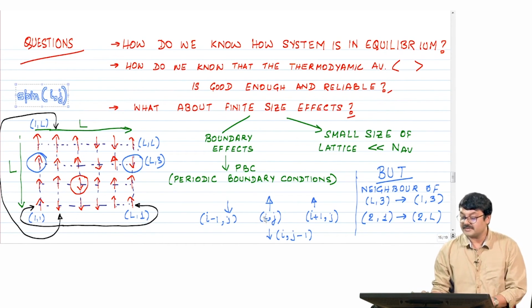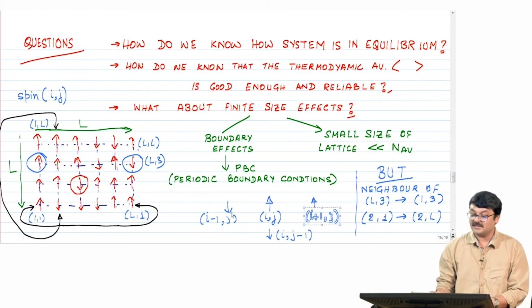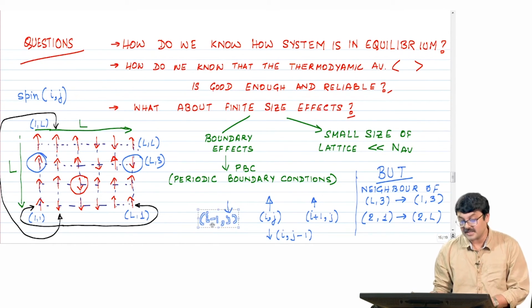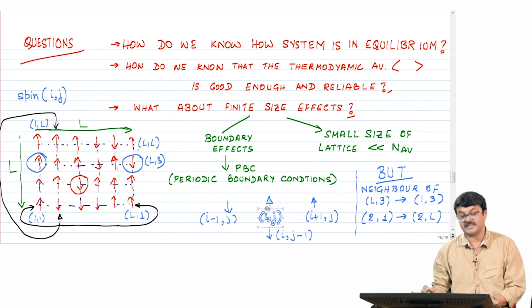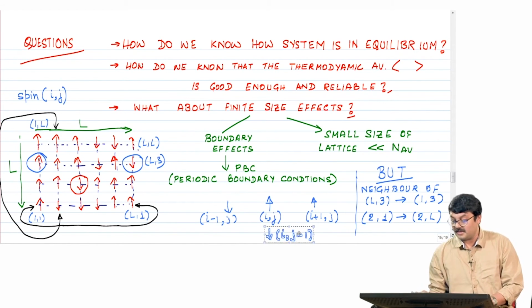The neighbor on the right can be denoted by the lattice index I plus 1, j. The neighbor on the left can be denoted by I minus 1, j, this being I j, the spin of our interest. And then the spin at the bottom. So, one layer can be denoted by I.